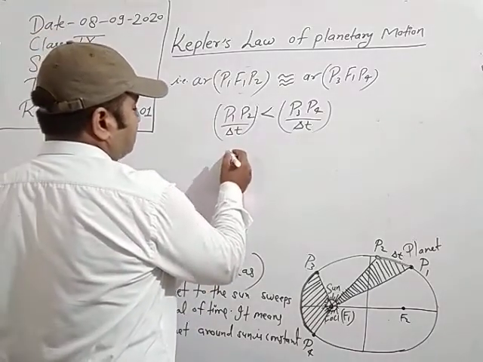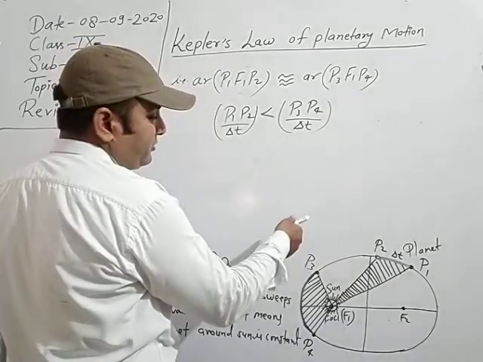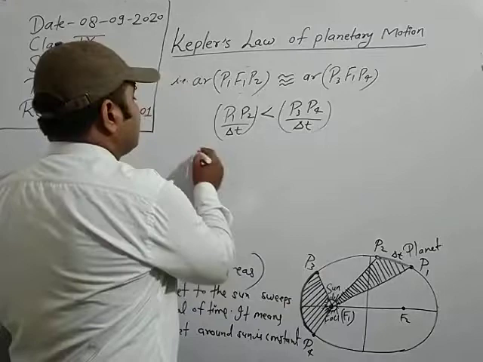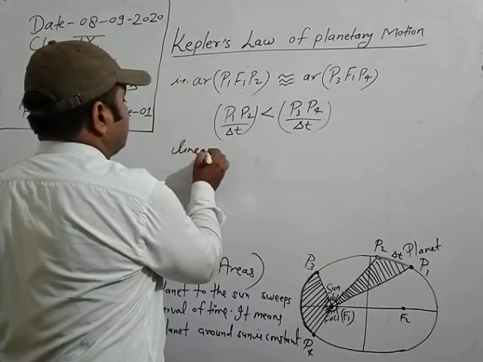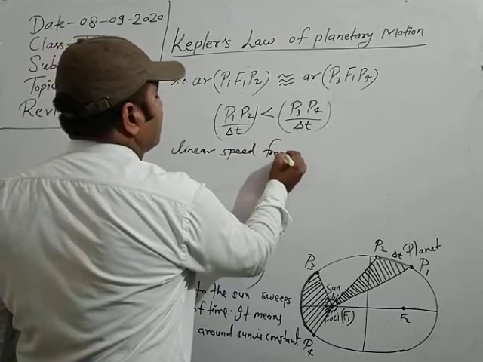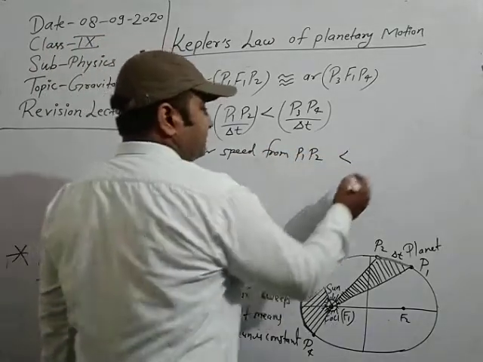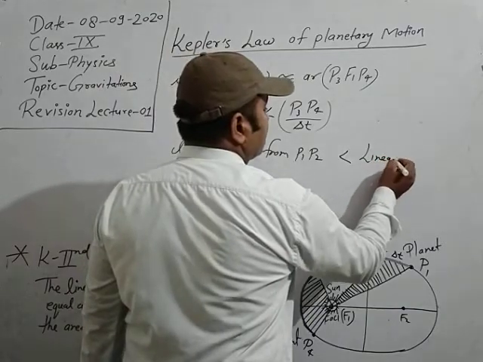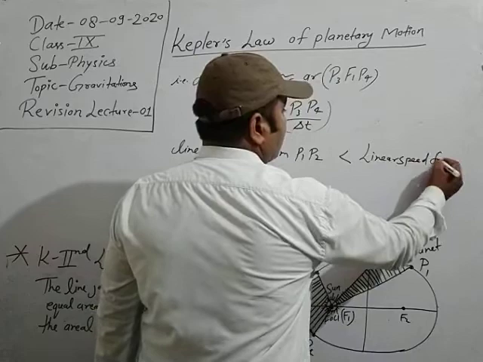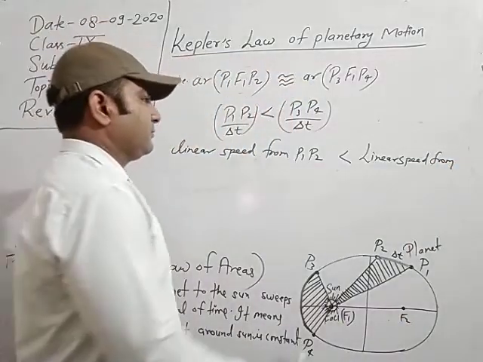So linear speed from P1 to P2 is less than the linear speed from P3 to P4.